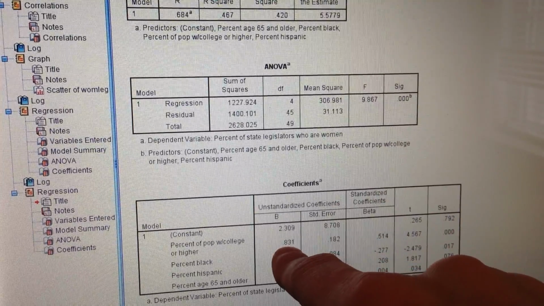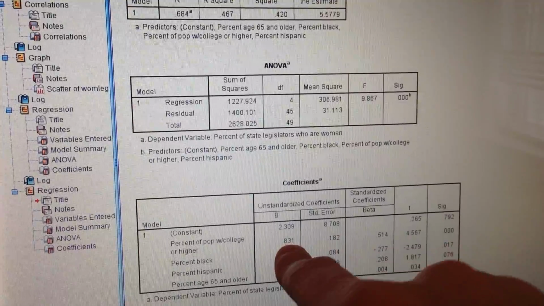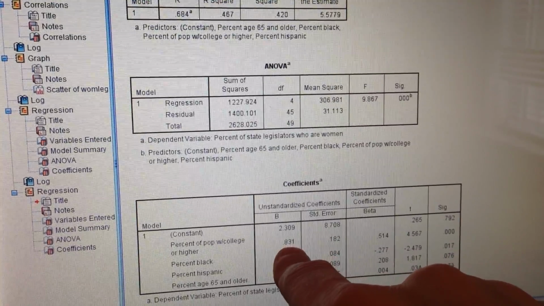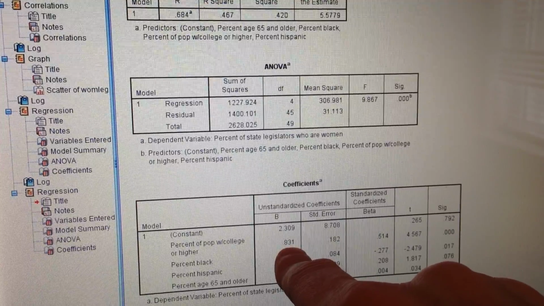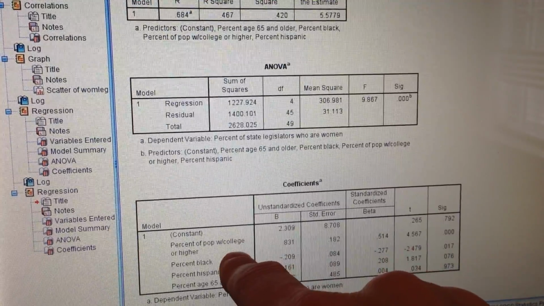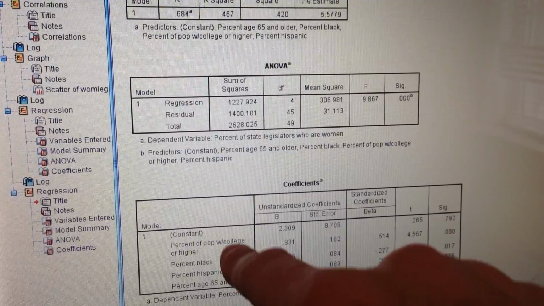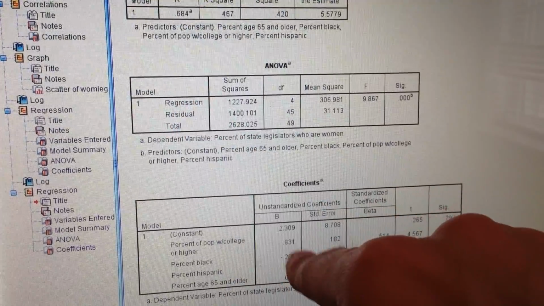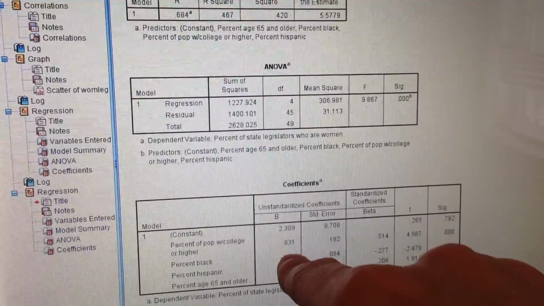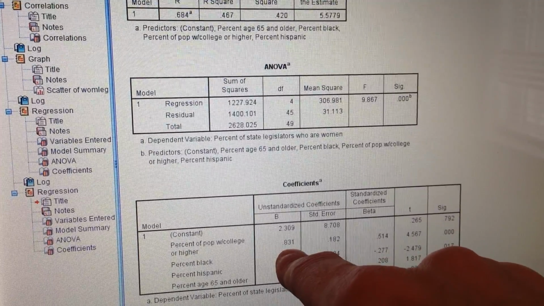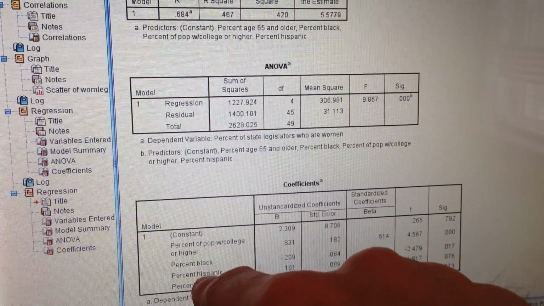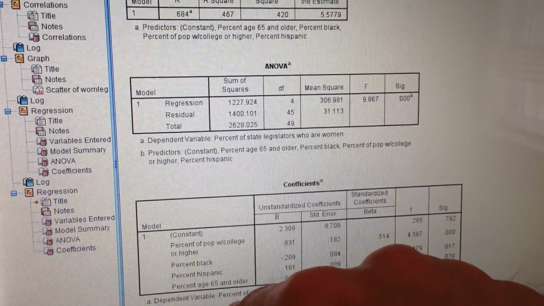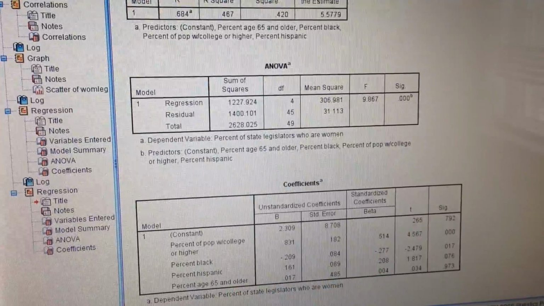What this unstandardized coefficient is telling us is that every time the college variable goes up 1, we get 0.831 more female legislators when we control for Black, Hispanic, and age over 65.